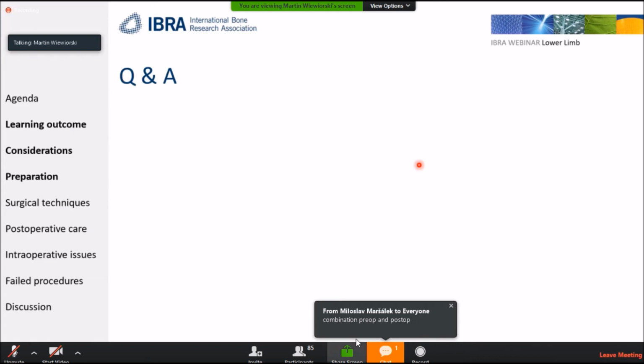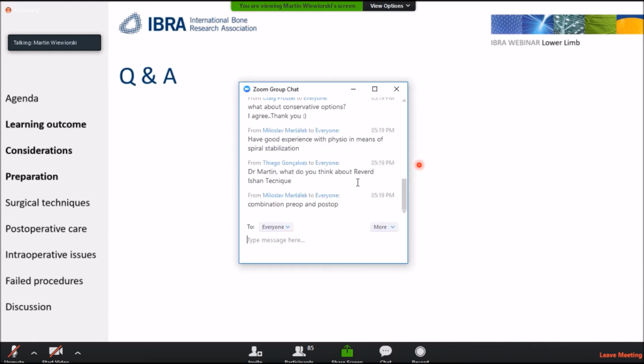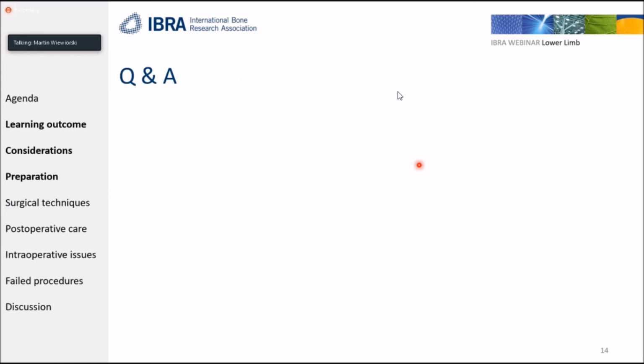It is a conflict of the bunion with the shoe, so you can wear wider shoes. You can reduce the inflammation with some non-steroidal drugs, some gels, and all this kind of things. Of course, there's some place for conservative therapy in hallux valgus. You don't have to do surgery on every patient. Also, you don't want to do surgery on every patient. Combination of pre-op and post-op.